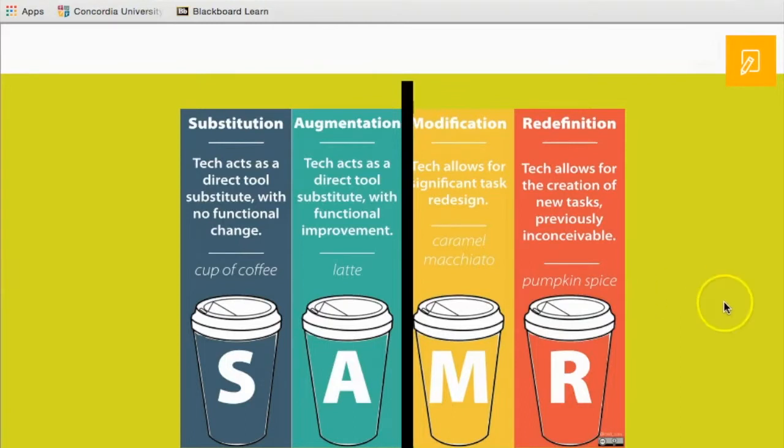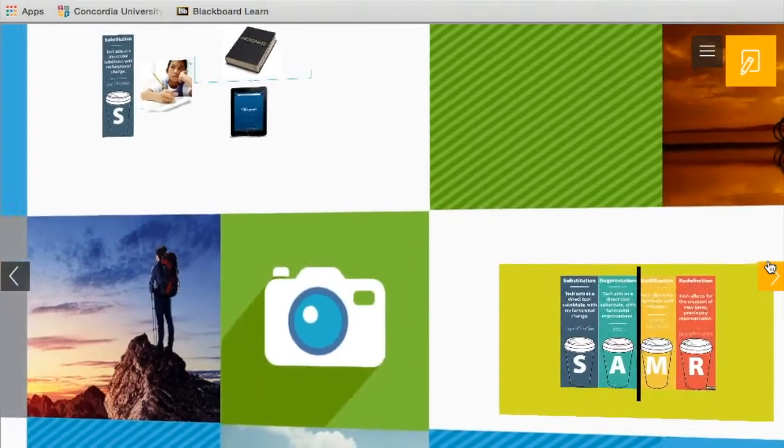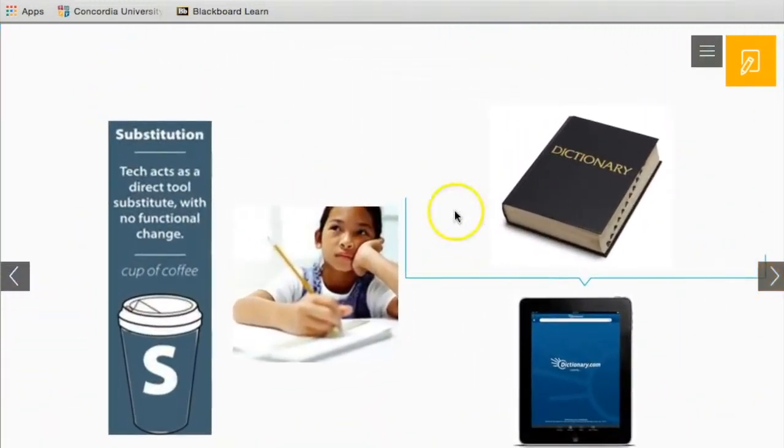So the first thing that we're going to look at is substitution. Substitution: tech acts as a direct tool substitute with no functional change. For each of these levels of the SAMR model, we're going to look at some things that we already do here at Cedar Park and how the different levels fit into that. For substitution, we do a lot of word processing at Cedar Park, a lot of Google Docs.